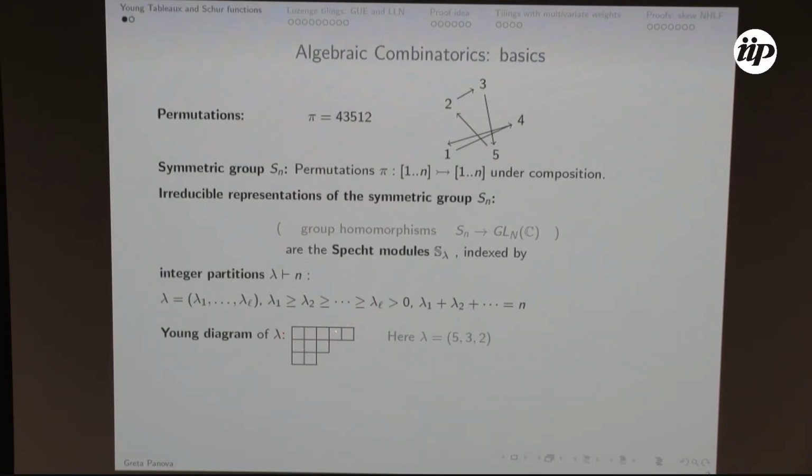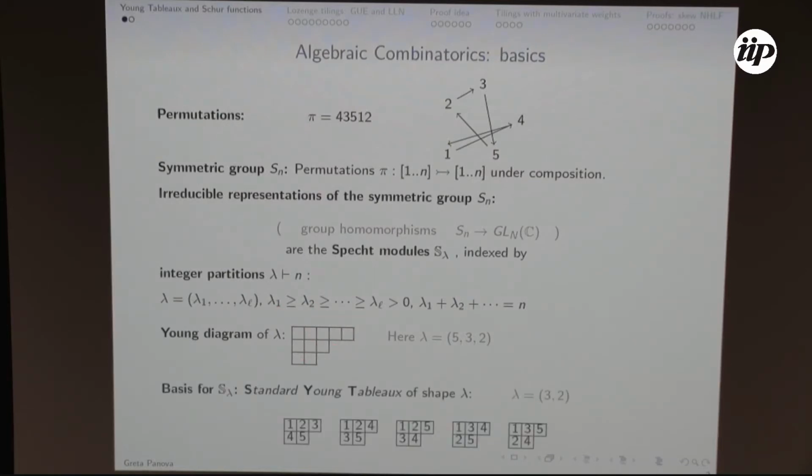The number of boxes on each line corresponds to the integer here. So line 1 is lambda 1, line 2 is lambda 2, and so on. And the next step, when you study the representation theory of the symmetric group, is the basis for the irreducible representation. As I said, the irreducible representations are indexed by these integer partitions, and there is a way to construct a correspondence between the basis for these irreducible representations for each lambda and what is called standard Young tableaux.